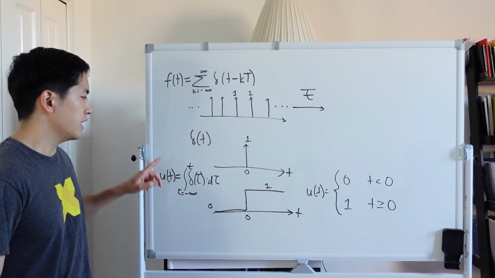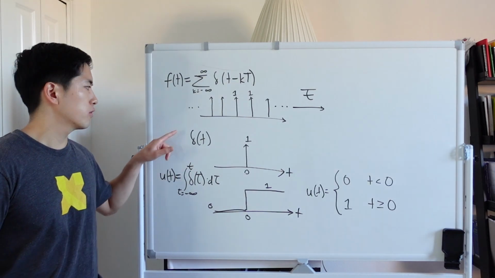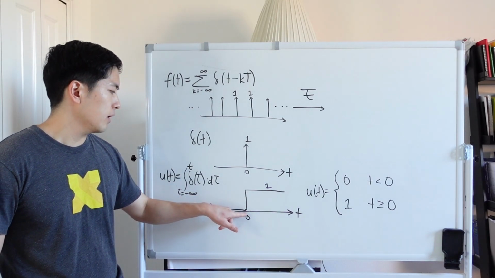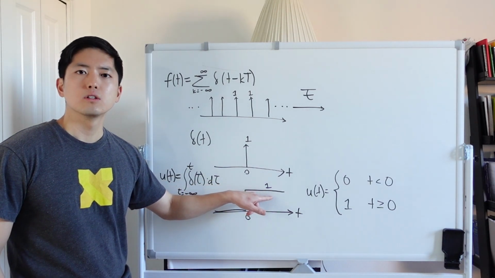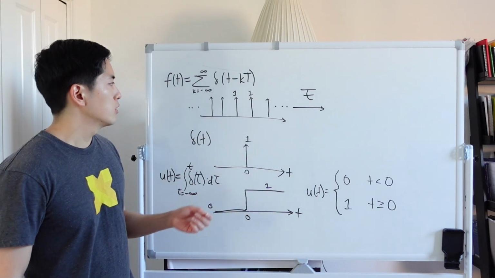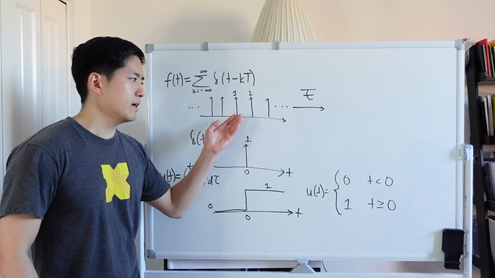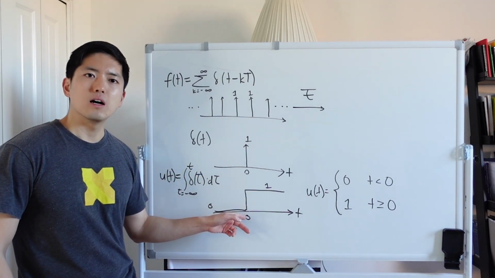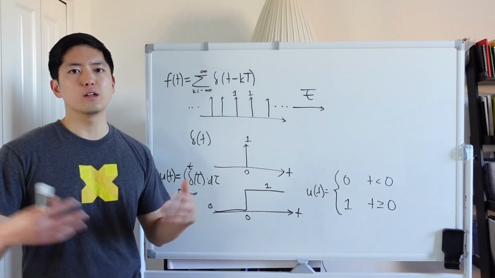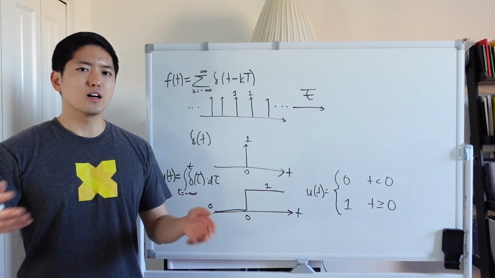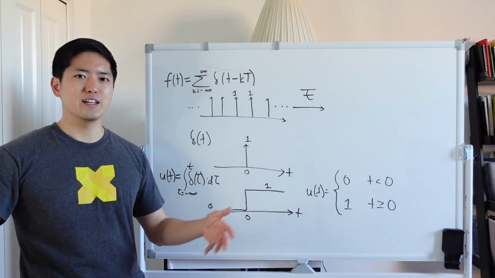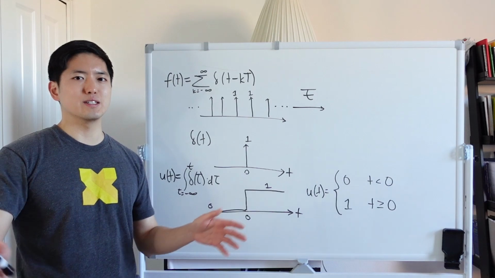So if I take the integral from negative infinity to t over this function, I will get a value of 0, and then bam, a step function to a value of 1. And if I scale this impulse to another value, say 3, then this step will step up to a value of 3, and so on and so forth. So this is kind of a longer, more thorough way to explain the impulse. And sorry if you already know about this, but I just wanted to give some background.